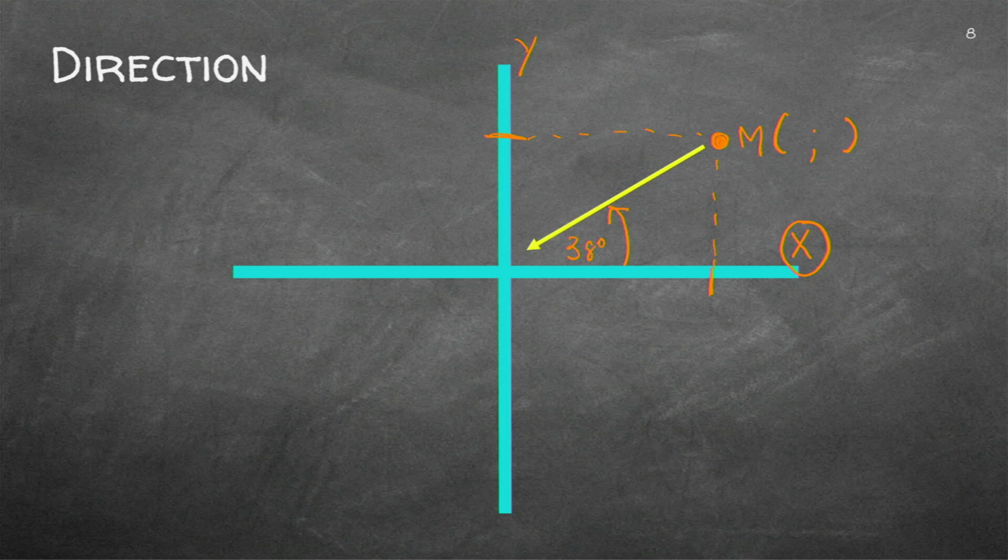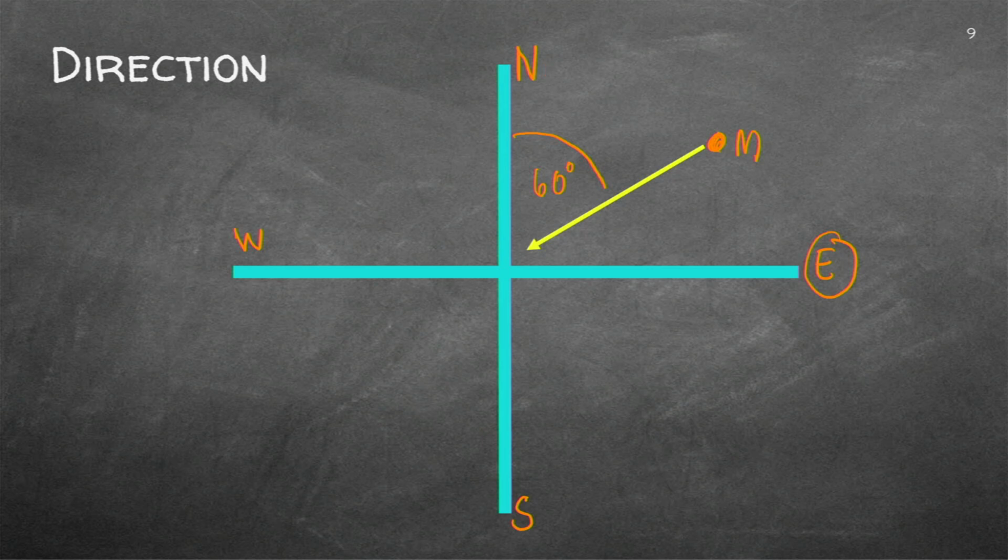In sciences, we can use two ways. We can use the directions that we have on a compass. Firstly, know that we've got north and south, which is the vertical line. And we've got west and east, which represents the horizontal line. If I again have my point M there, and I have the angle, I could say it is 60 degrees to the east, starting from north.